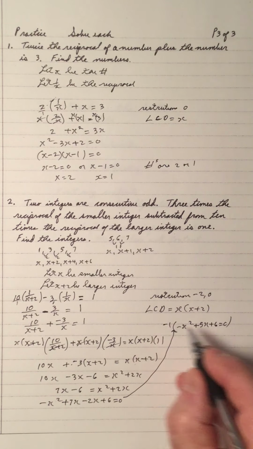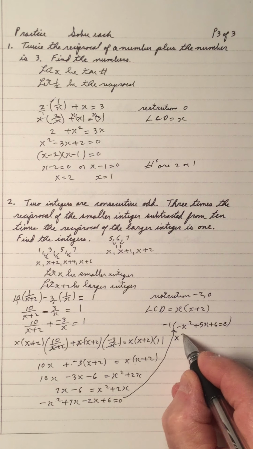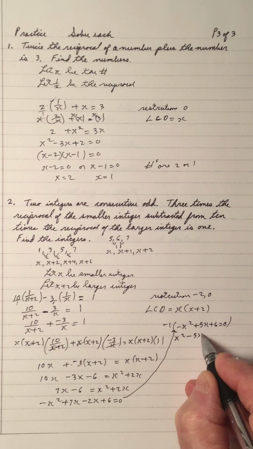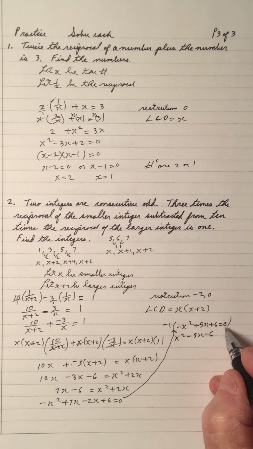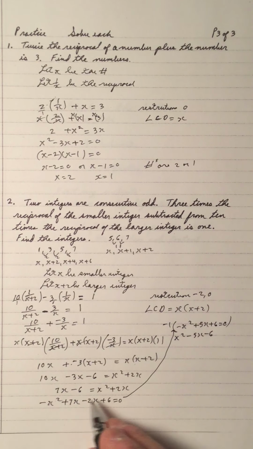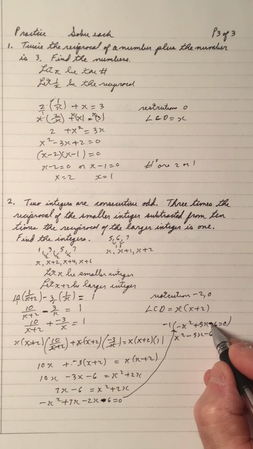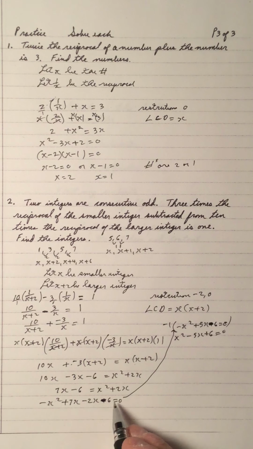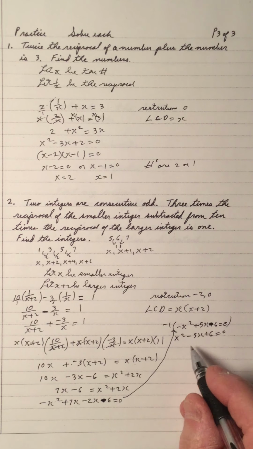Multiplied by negative 1. X squared minus 5x minus 6. Let's see. Oh, that's a minus 6 there. So better be careful, see? That's a minus, and that's a minus. So this becomes a plus. Better be careful. When I move that there to there, I didn't change the sign. I gotta keep the minus. So that's a minus, that's a plus.